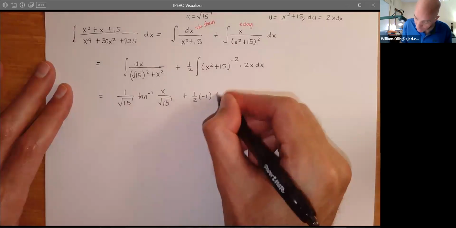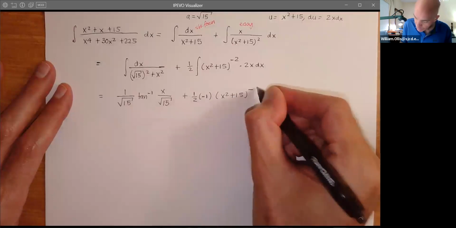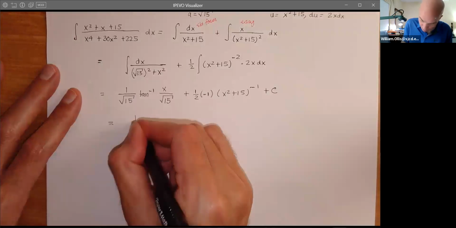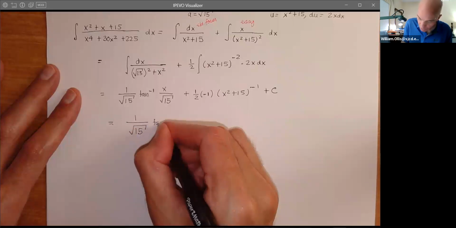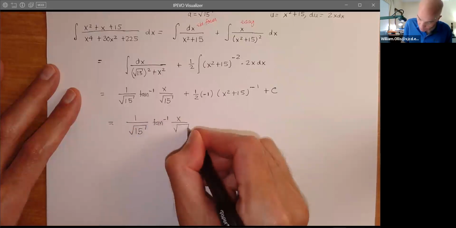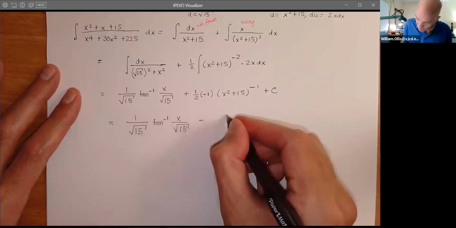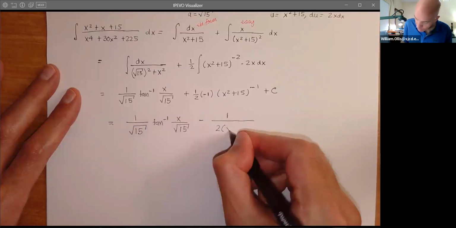And then this gives us x squared plus 15 to the -1 plus a c. So we can clean that up a little bit. So 1 over square root of 15, inverse tangent, x over the square root of 15. Then we have minus. So just bring everything downstairs, I guess, 2 times x squared plus 15.